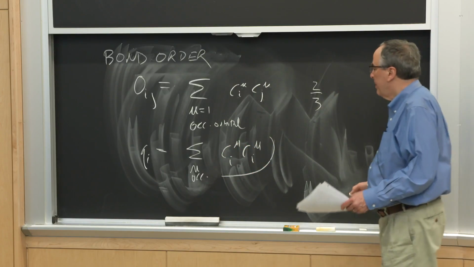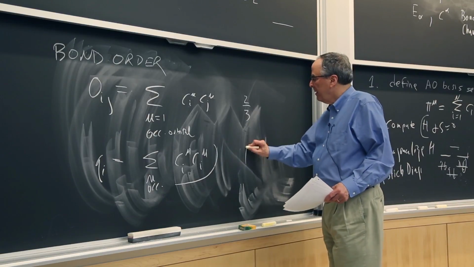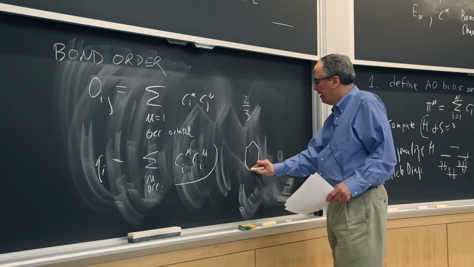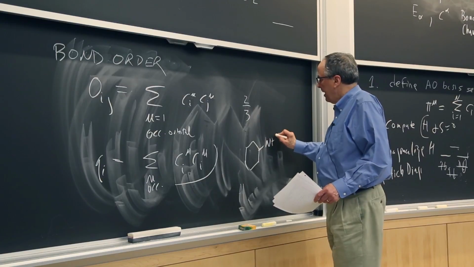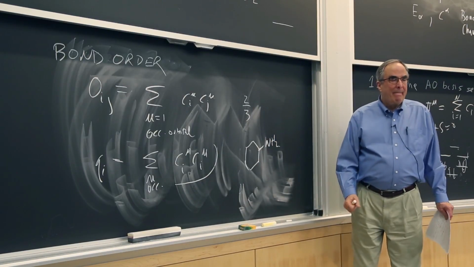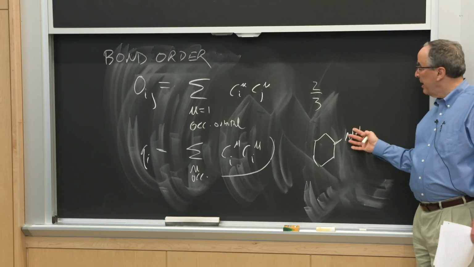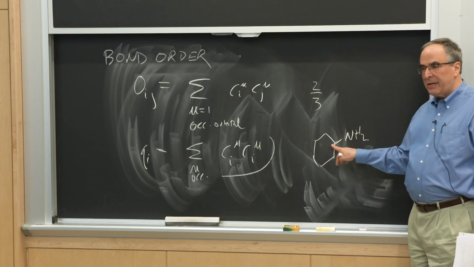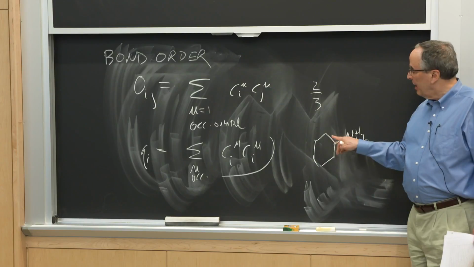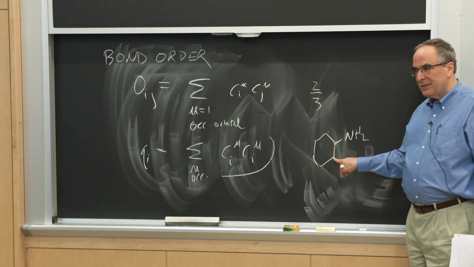And so now suppose instead of benzene, you have aniline. Well, you can say the aniline substituent out here is going to affect the alpha value here a lot, and here less and less.